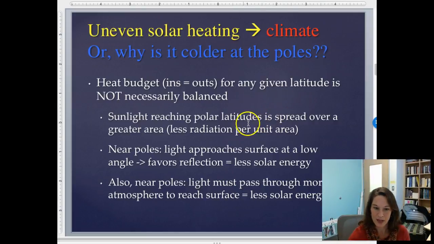Sunlight reaching polar latitudes is spread over a greater area, so there's less radiation per unit area. Near the poles, the light approaches the surface at a low angle. This favors reflection, which means less solar energy. Also near the poles, light must pass through more atmosphere to reach the surface because it's going at an angle, and therefore it's passing through a larger amount of our atmosphere, which absorbs some solar energy and therefore translates less onto the surface of the Earth.